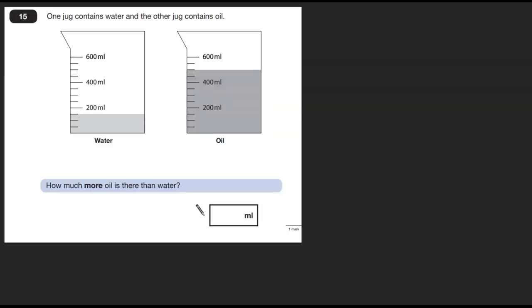And now question number 15. One jug contains water and the other one contains oil. How much more oil is there than water? First of all, I need to read the scale. This is 200 with 4 divisions, so 200 divided by 4, each smaller scale reads as 50 milliliters. The water is at the third division, so 50, 100, 150 milliliters.